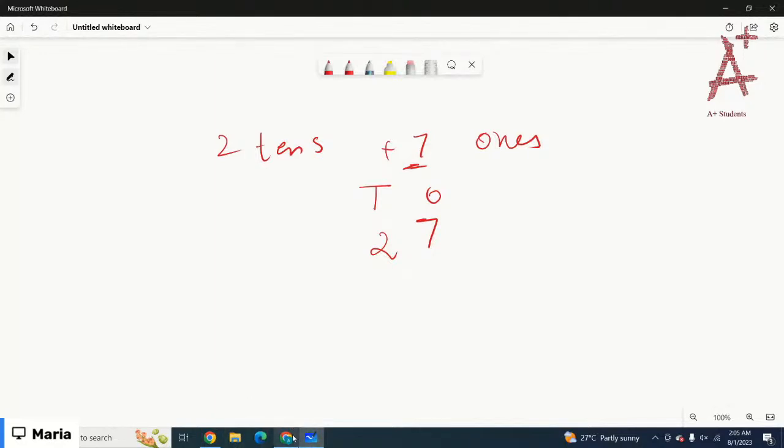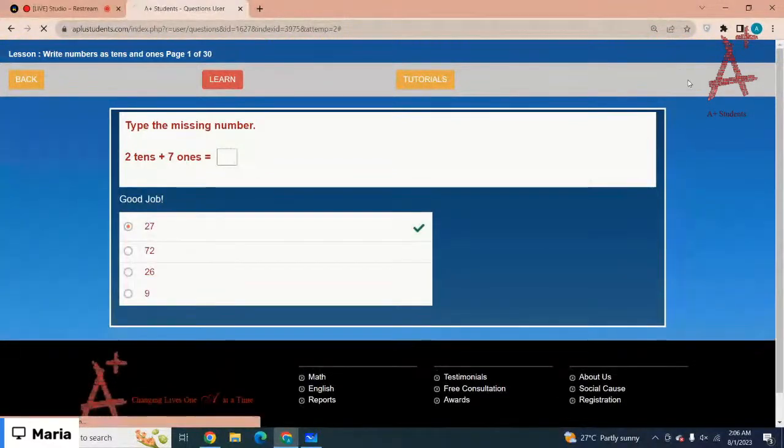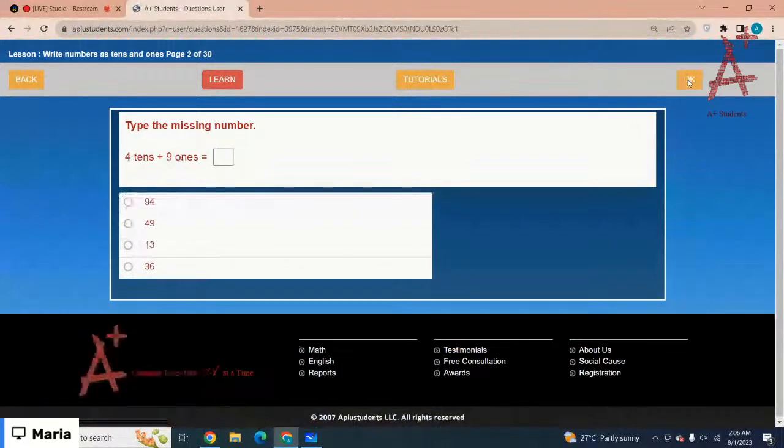If you know the answer, you can just write it down in the chat box. Okay, the next one is: type the missing number, four tens and nine ones. Which is the correct option?